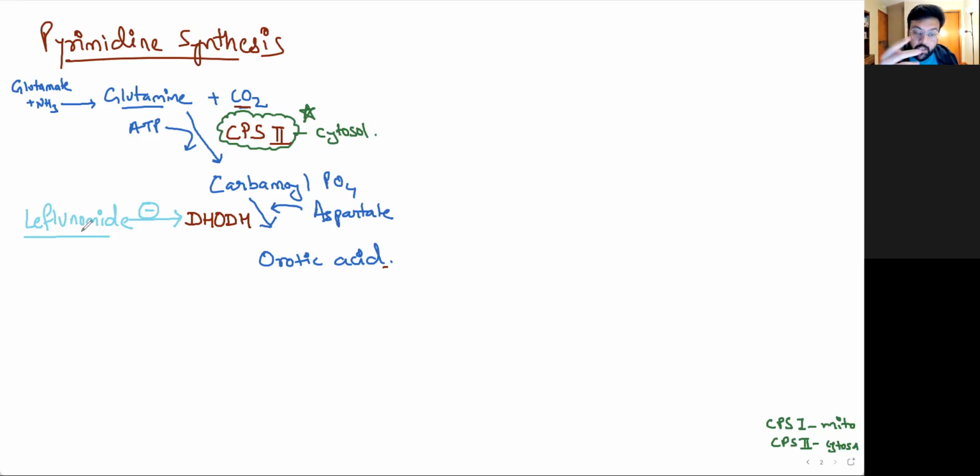This is our first drug. Leflunomide will inhibit dihydroorotate dehydrogenase. That means it's going to block the conversion of carbamoyl phosphate and aspartate into orotic acid. Simple. In pyrimidine synthesis, we knocked off our first drug.